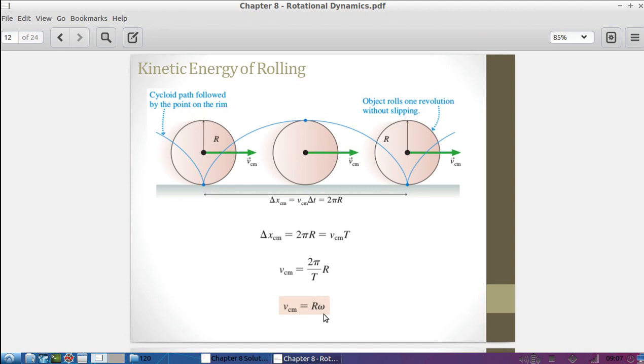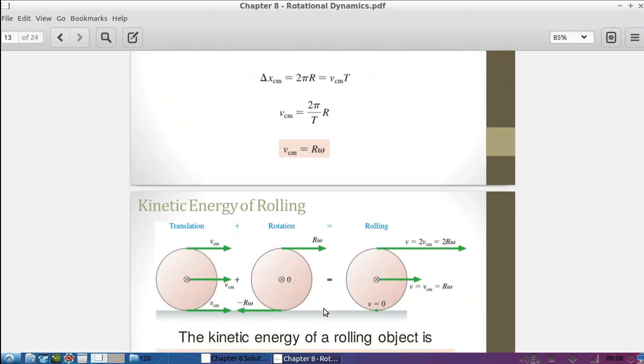But we have the same relationship: the tangential, or linear, velocity is also the velocity of the object's center of mass. And so we still have the same relationship as in rotational kinematics, that the linear velocity of this object's center of mass is equal to its angular velocity times the radius of the object. So this relationship still holds.